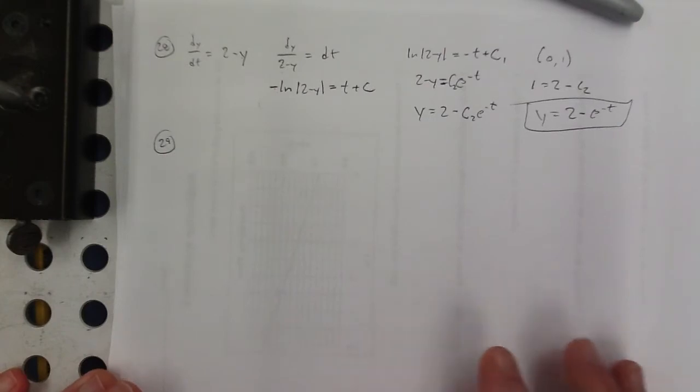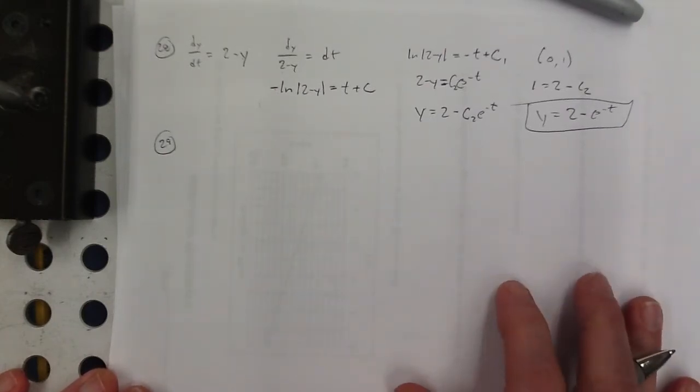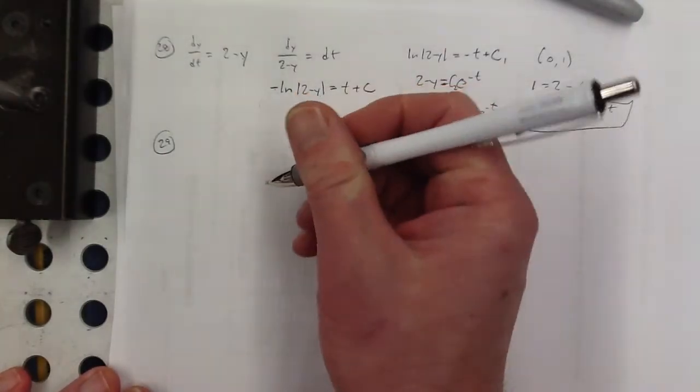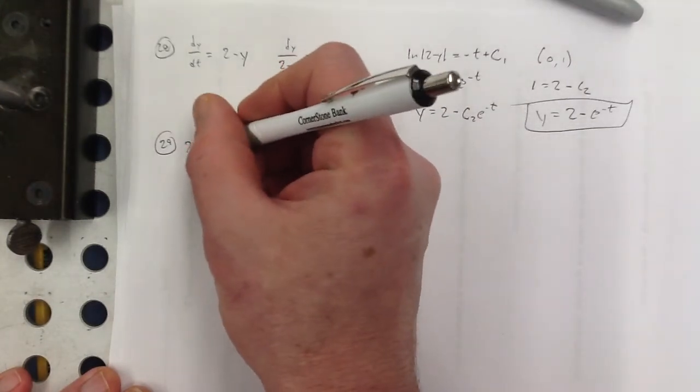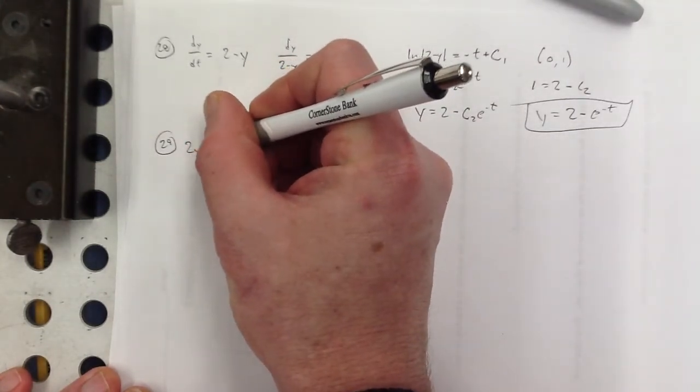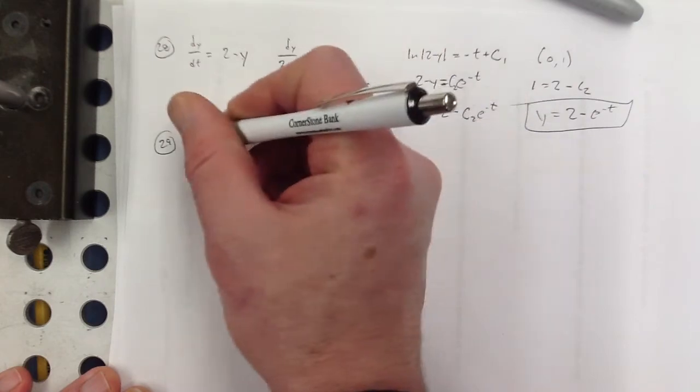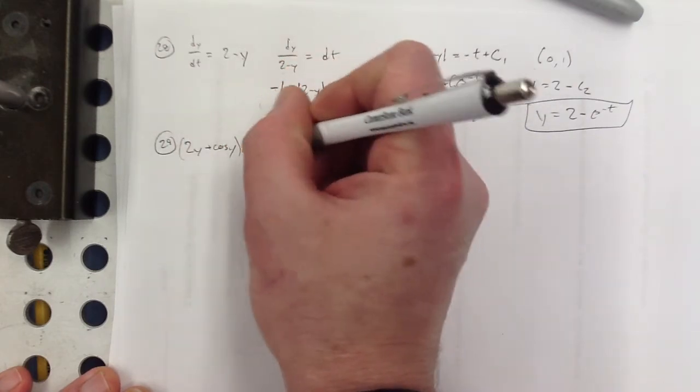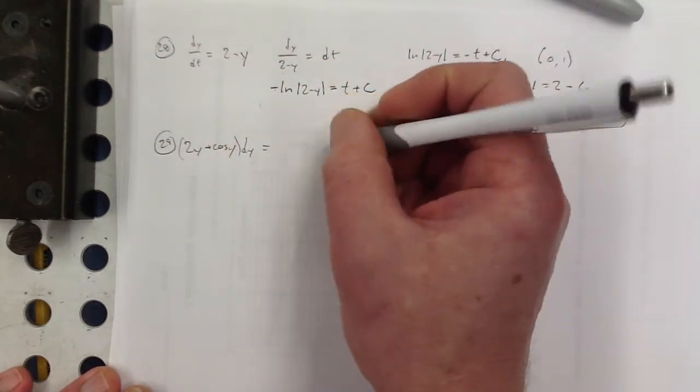Number 29. All right, so they wrote y prime and said dy dx, but I know that means the same thing. So separating out, I'm going to have 2y plus cosine y dy is equal to 3x squared dx.